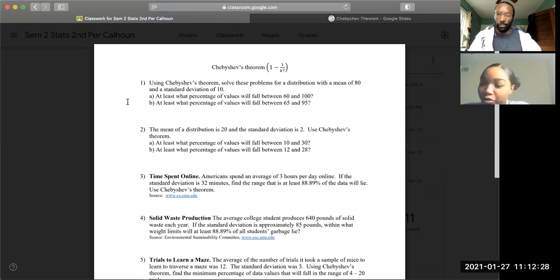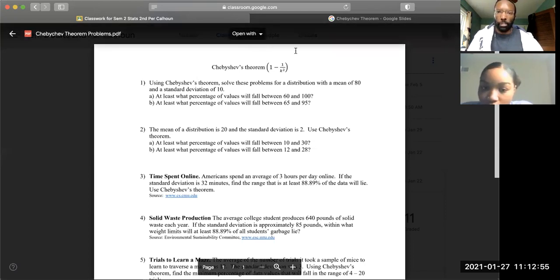So wouldn't you do 80 minus 60 divided by 10? Yep, start there. That would be 2. So now that you know that it's 2 standard deviations, now you can get the percentage.